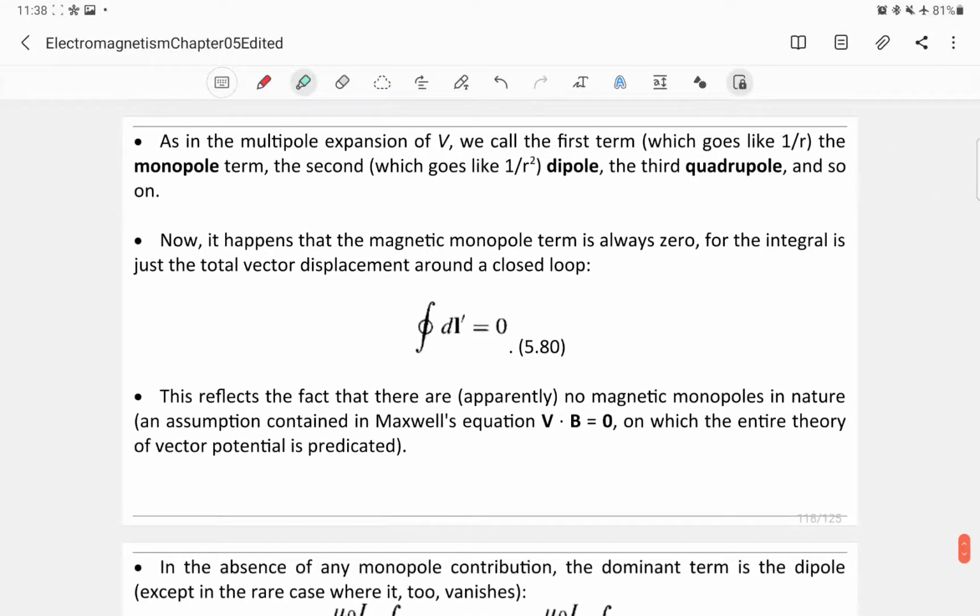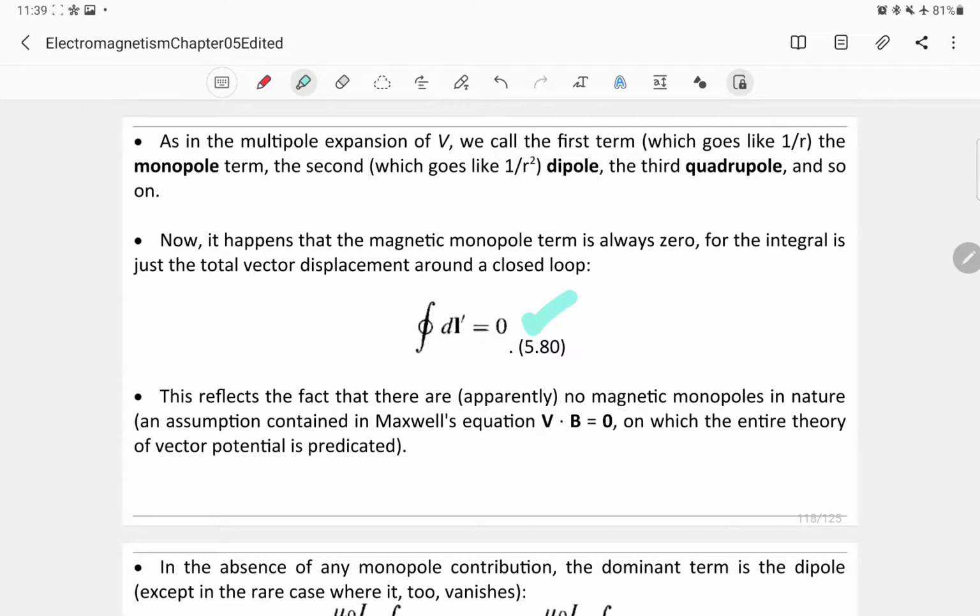So what happens is that the magnetic monopole term is always zero, for the integral is just total vector displacement around a closed loop. So the closed integral of dl would be 0. So that is just equal to 0.